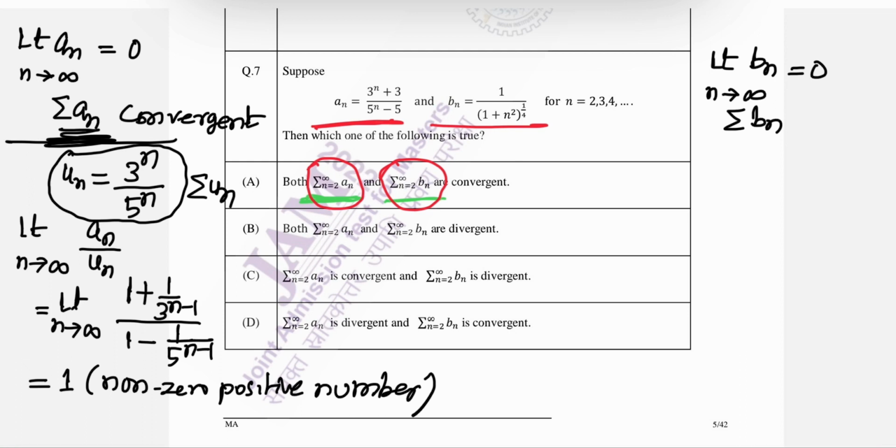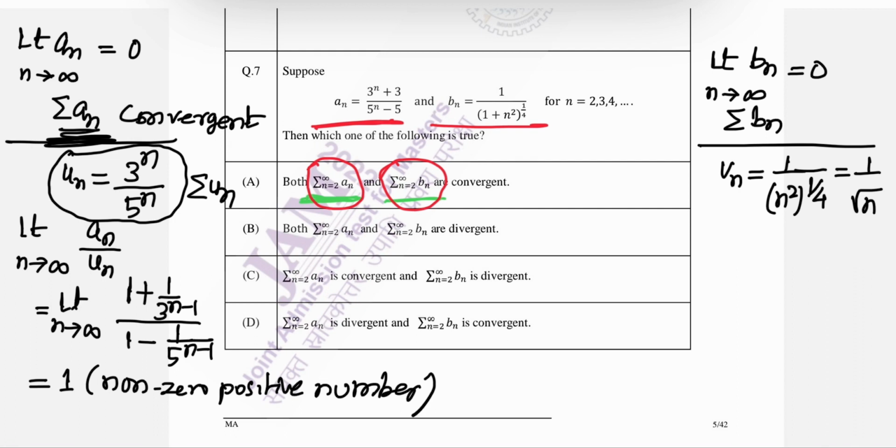Now we go for the second, and for this we take again an auxiliary series, and for that I take Vn equals 1 by n square to the power 1 by 4, that is 1 by root n. You may think how anyone takes the auxiliary series.